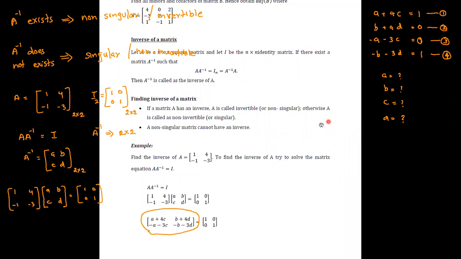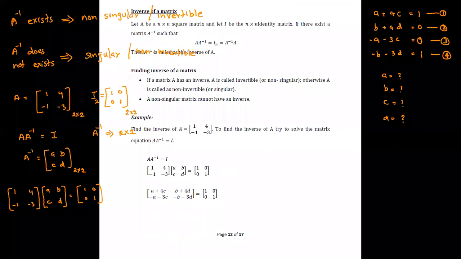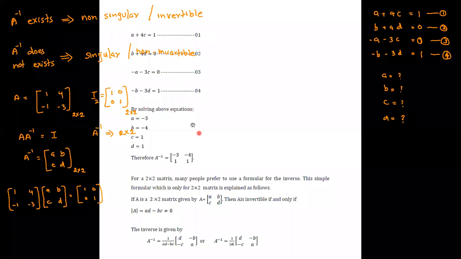If you perform this calculation, the values obtained are a equals minus 3, b equals minus 4, c equals 1, and d equals 1.